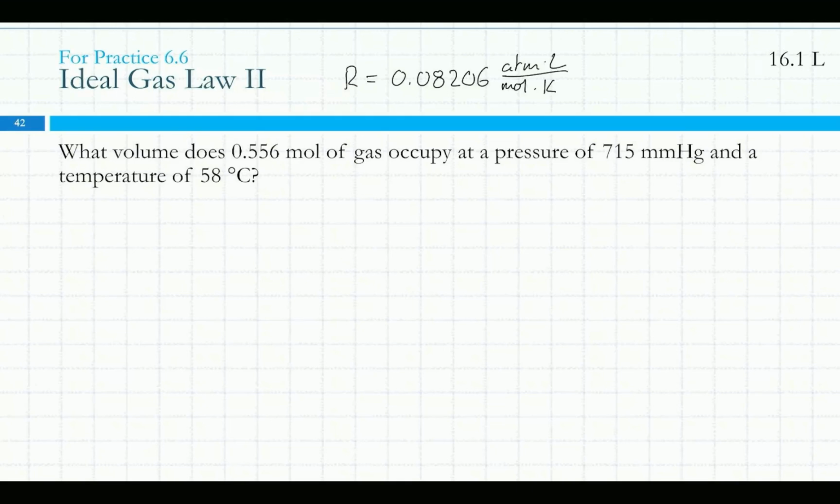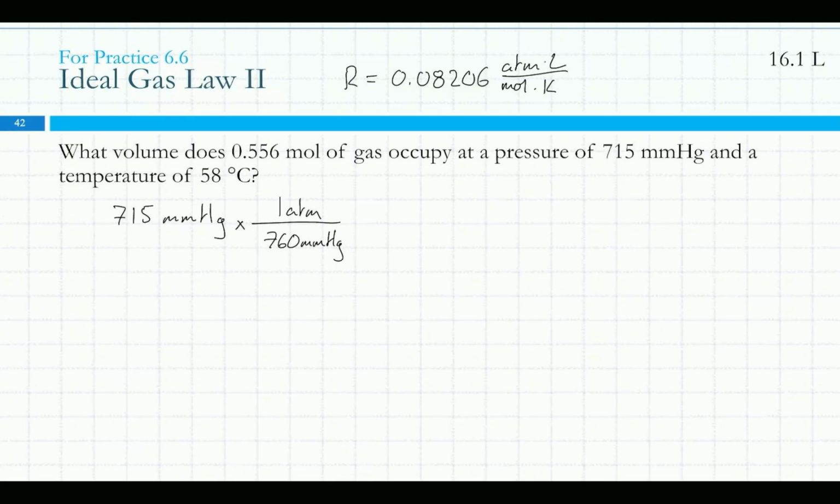No. So we need to convert those so they do match R. So 715 millimeters of mercury. Does anybody know that conversion? 760. It's 1 atmosphere.